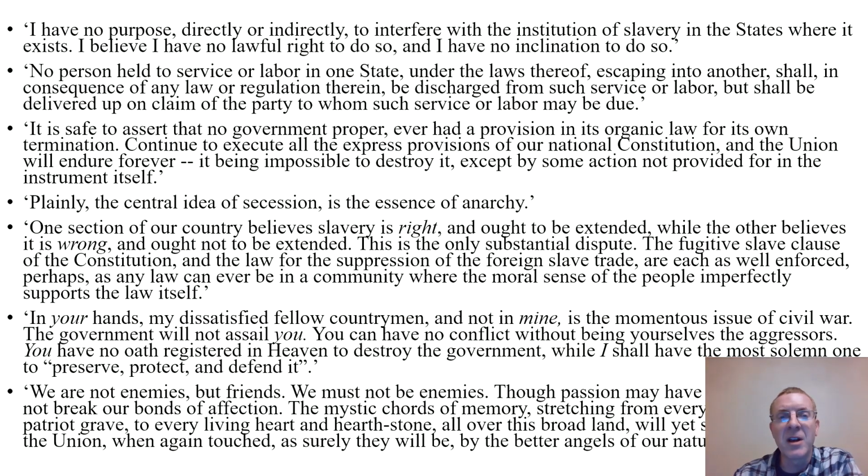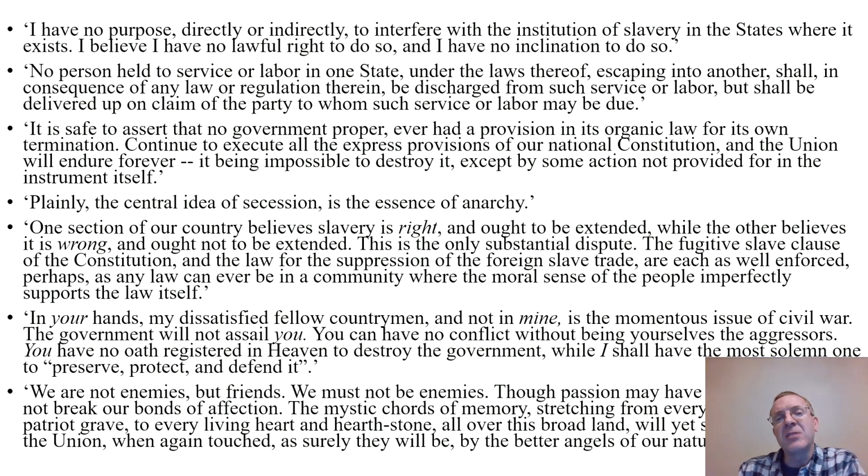Plainly, the central idea of secession is the essence of anarchy." So Lincoln is essentially endorsing slavery where it exists, saying he will protect it, and he will protect the Fugitive Slave Act, but that he will draw the line. He does not support secession.